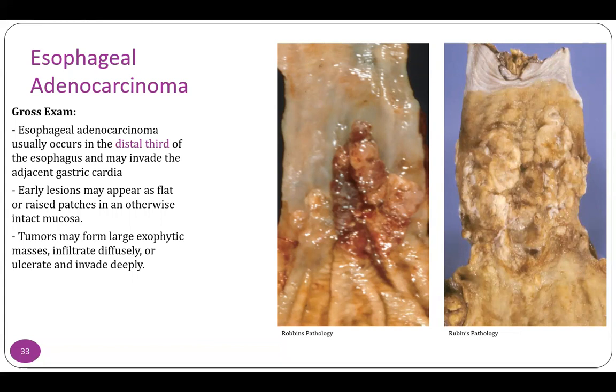Not just in the esophagus, same in the stomach, same in the colon. The gross appearance is not diagnostic at all of what kind of cancer. All the same: mass lesion, solid, ulcerated, necrotic, papillary, polypoid. All of these terms are used in the description of this cancer.